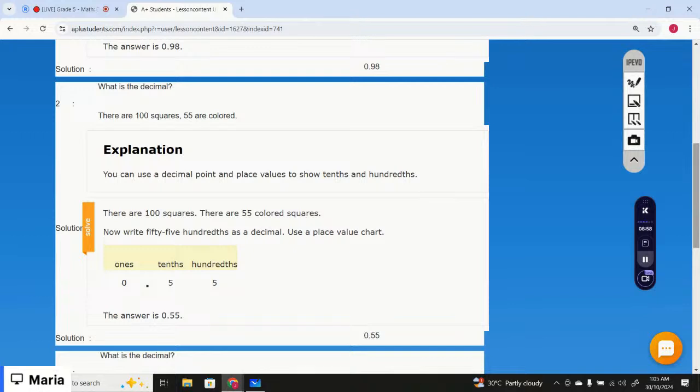So the 55 of them are colored. You can write it as 55 hundredths, right? And you can write it as 0.55.